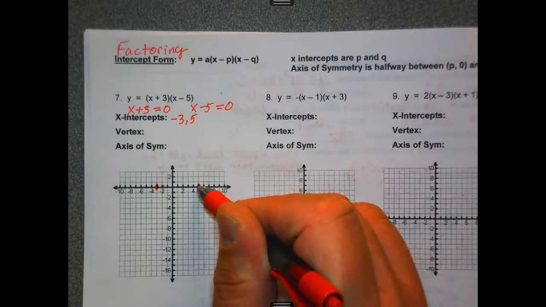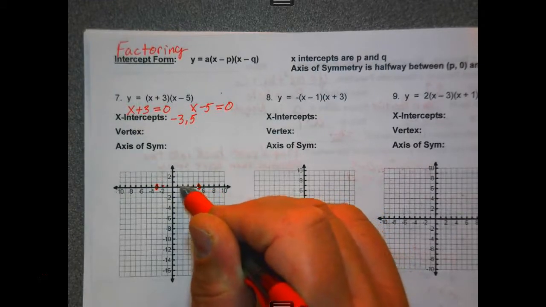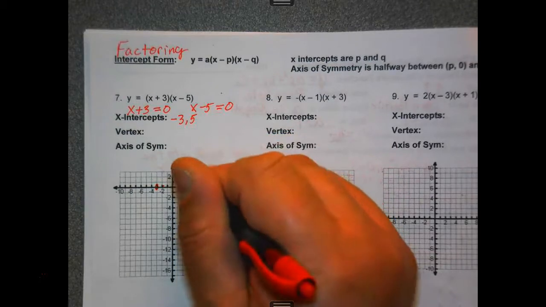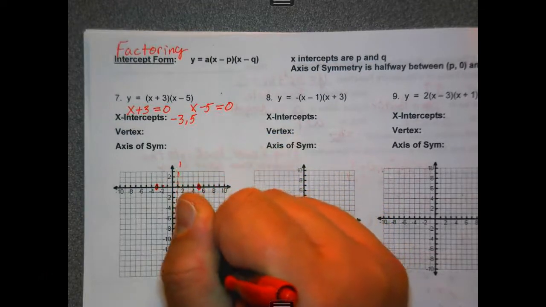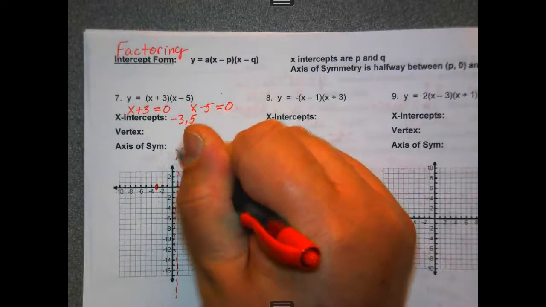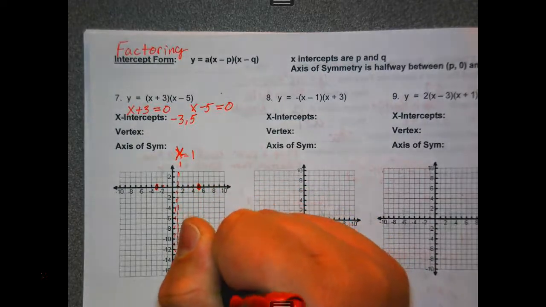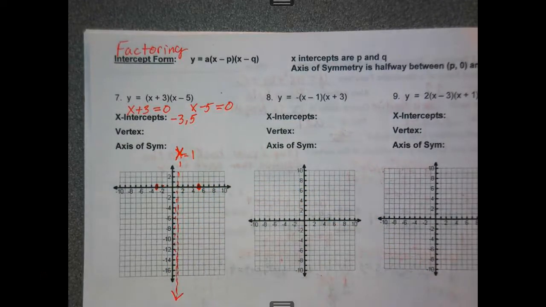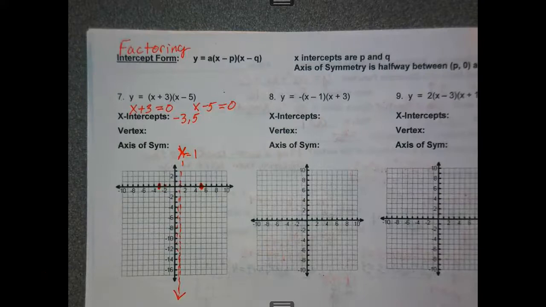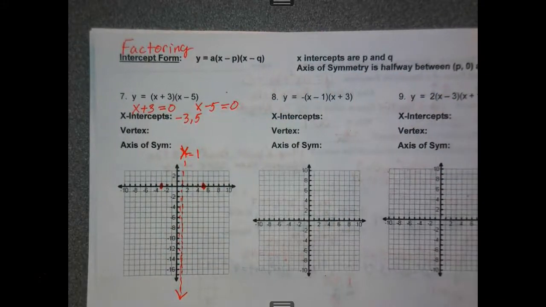Half of 8 is what? So I'm going to go back 4. 1, 2, 3, 4. Here's my axis of symmetry, x equals 1. My axis of symmetry is also the x coordinate of my vertex.